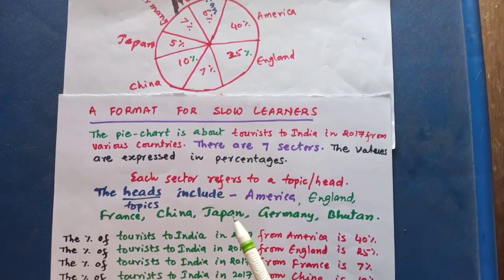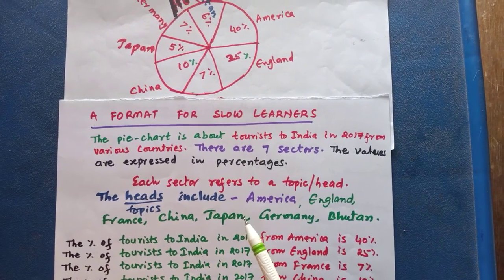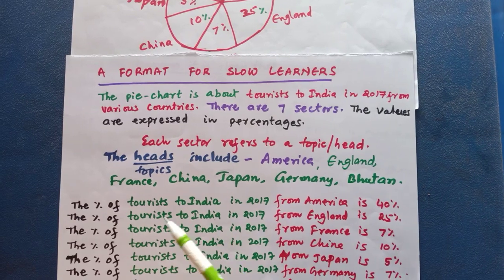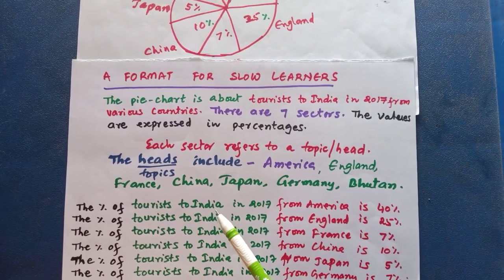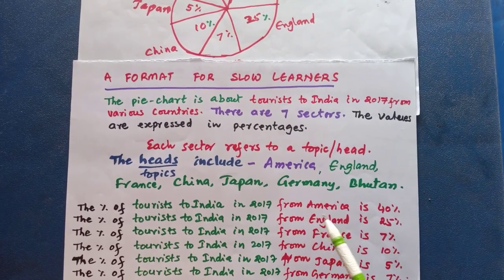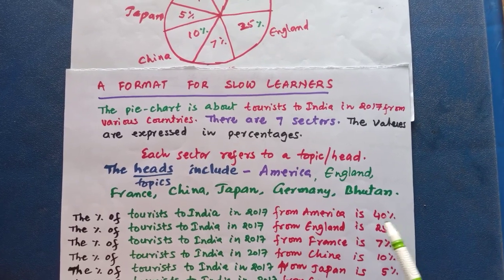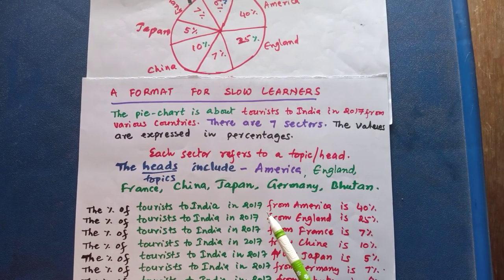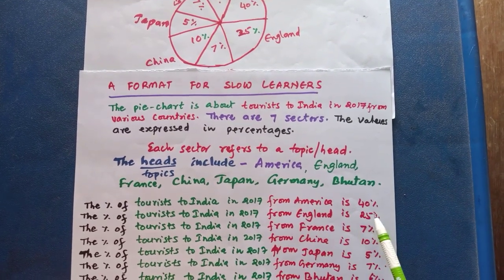And next, the expression of the values of each topic. It will be very easy. Just write the percentage of plus that heading plus topic plus that value. So the percentage of tourists to India in 2017 from America is 40%.